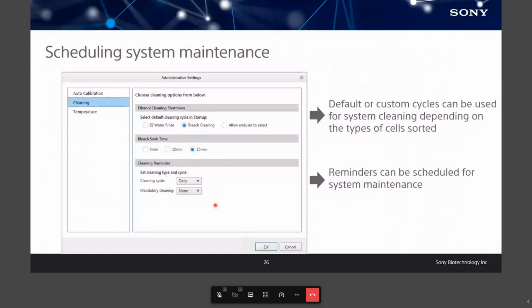So you can set these cleaning reminders to daily, weekly, monthly, and actually make them mandatory as well, which some labs like because then the cleaning must be done. All right, but this just adds that robustness to those maintenance and cleaning protocols to make sure that this instrument is always going to be ready for use.